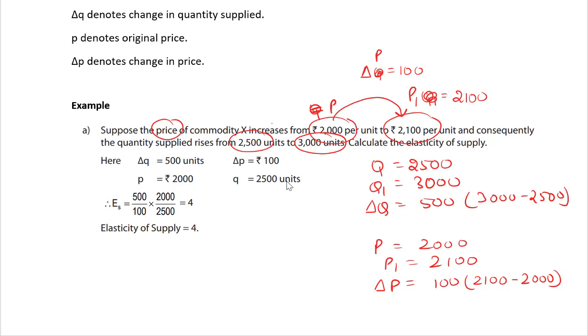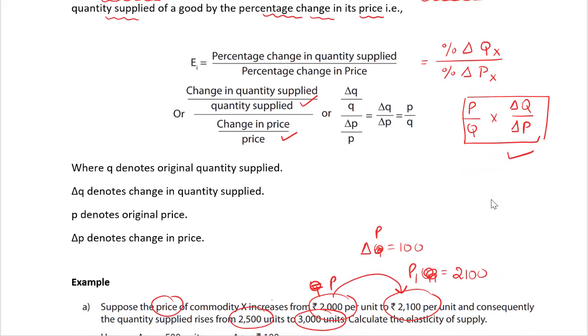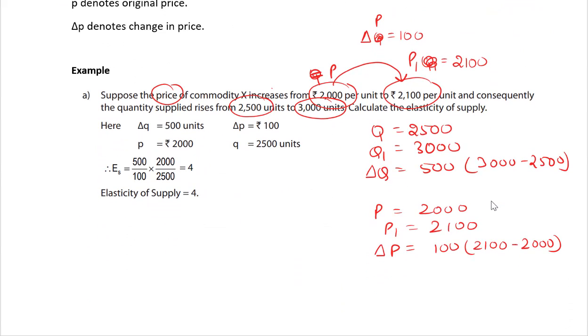Put it in the formula. P by Q multiplied by delta Q by delta P. What is P? 2000 by Q. What is Q? 2500, multiplied by delta Q by delta P. Delta P is 100 and delta Q is 500.